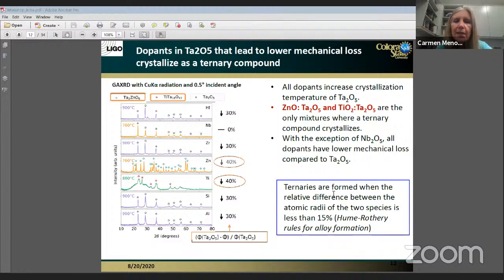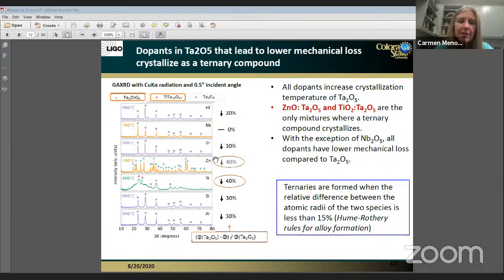So we conducted X-ray diffraction experiments, and what you see here are diffractograms of all of the different tantala alloys, tantala with alumina, with silicon, with titanium, and so on. And these are the two that achieve the lowest mechanical loss, which is 40% lower than that of tantalum pentoxide.